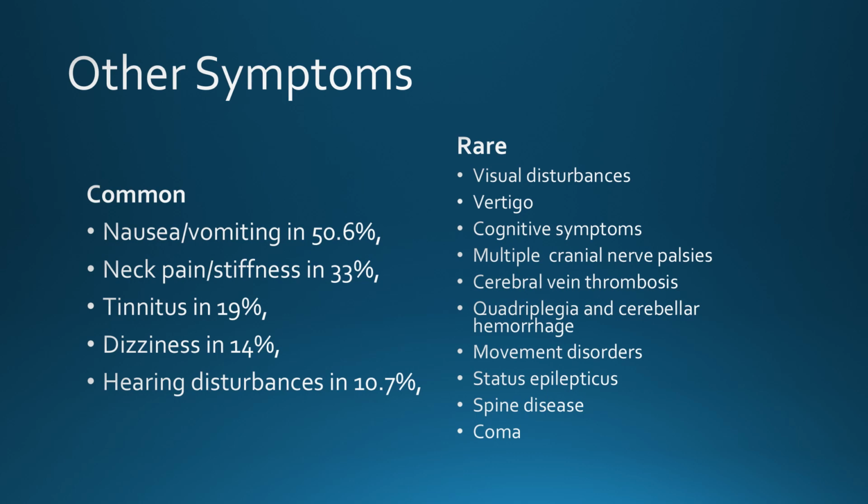These two symptoms are often confused with cervicogenic headache. Tinnitus, dizziness, and hearing disturbance can also be seen due to low intracranial pressure. The rare symptoms are visual disturbance, vertigo, cognitive symptoms, multiple cranial palsy, cerebral venous thrombosis, quadriplegia, cerebellar hemorrhage, movement disorder, status epilepticus, spine disease, and coma, which have also been reported due to spontaneous intracranial hypotension.